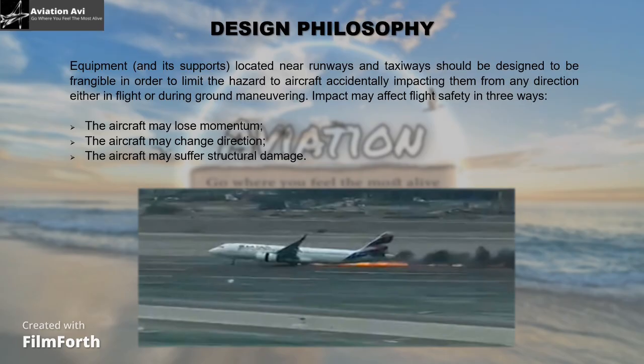The aircraft may lose momentum, the aircraft may change direction, the aircraft may suffer structural damage. So we have to keep these three things in mind and design when and at what rate the equipment should break, because if it does not happen in that particular fraction of a second, it will further damage the aircraft, which will be costlier to manage.